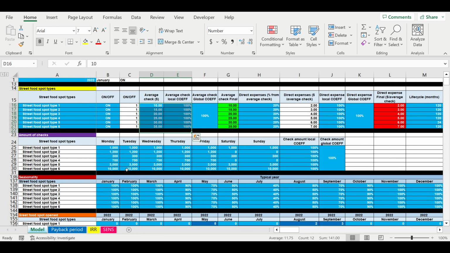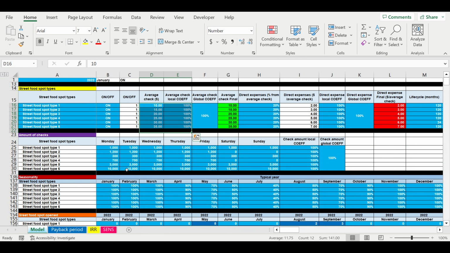I'll be showing where we have consolidated all the financial efficiency parameters. Then we're going to push this button and test how the business performs if we increase the revenues, decrease the revenues, increase expenses, decrease expenses. This is a very interesting instrument that I'll be showing you in this video as well.